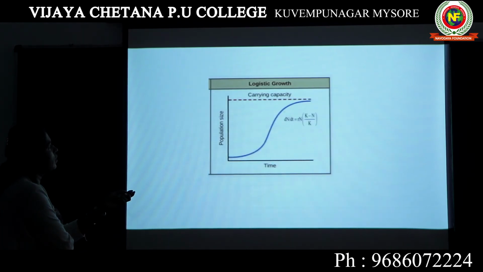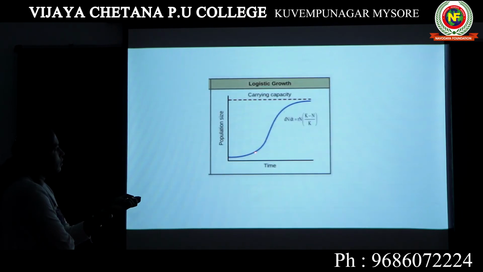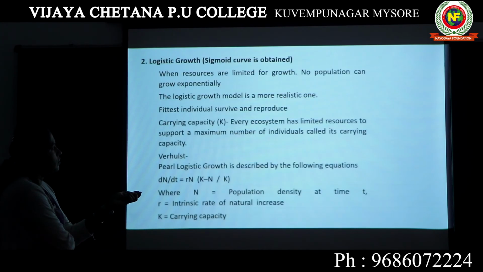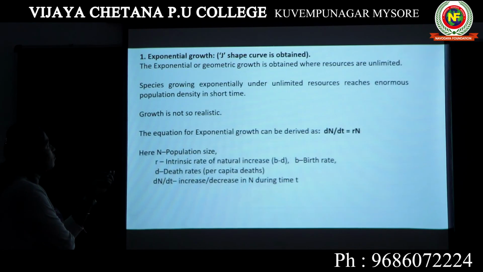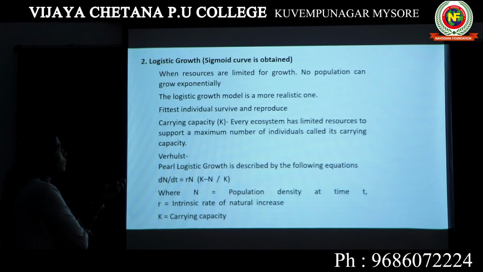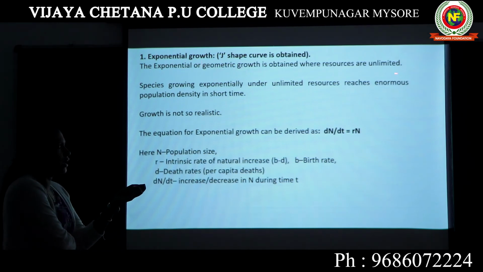This curve is known as the sigmoid curve, whereas the other curve is known as the J-shaped curve. So you have to know the difference between exponential growth and logistic growth. In exponential growth, growth is obtained where resources are unlimited.